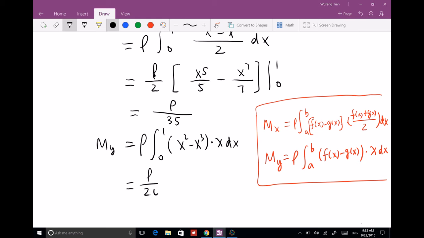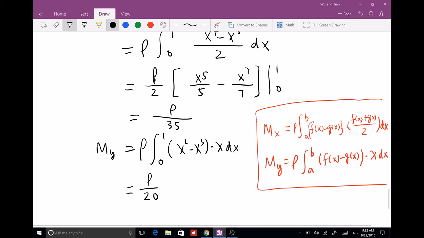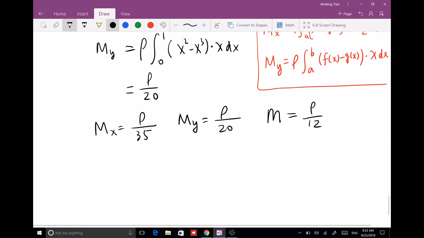Okay, so now we have the mx. We did find that mx, the moment of x, equals rho over 35. We find that my equals rho over 20. We also find the mass equals rho over 12. Then we just find the center.